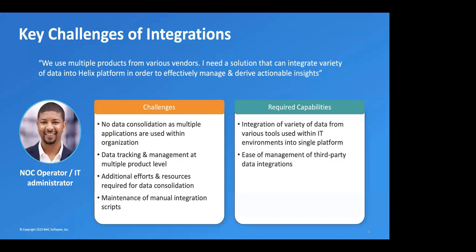The typical challenge that customers talk about is that the data is not consolidated. Whenever there is an issue, the NOC teams have to reach out and understand where the issue exactly exists, which tool they need to look into, and different teams for different tools get on a call and discuss where exactly the problem is.